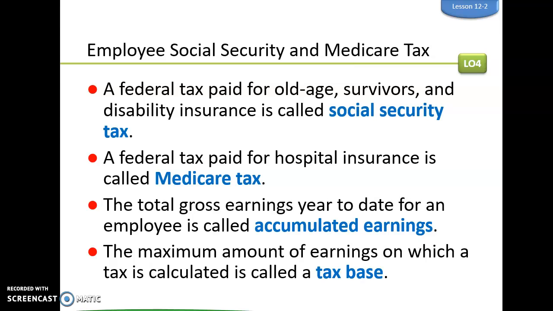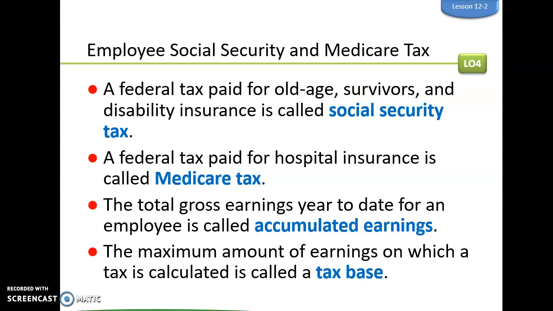Social Security tax is calculated on the employee's earnings up to a maximum paid in calendar year. So the total gross earnings year to date for the employee is called accumulated earnings. The maximum amount of earnings in which tax is calculated is called the tax base. When the amount of accumulated earnings equals the tax base, no additional taxes must be paid.